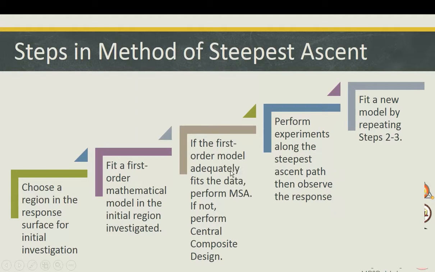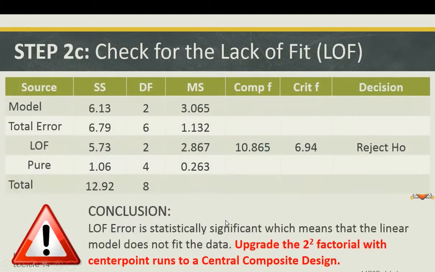If the model does not adequately fit the data, then we need to perform a central composite design. So if you remember our lesson, we showed that there is indeed a lack of fit, because if you look here, the computed F value is greater than the critical F value, which indicates that the LOF, or lack of fit, is indeed significant.